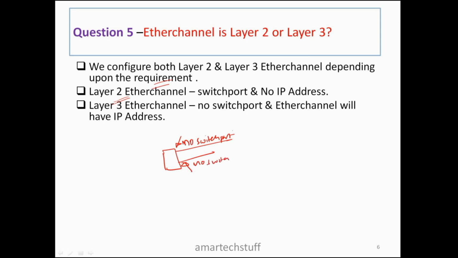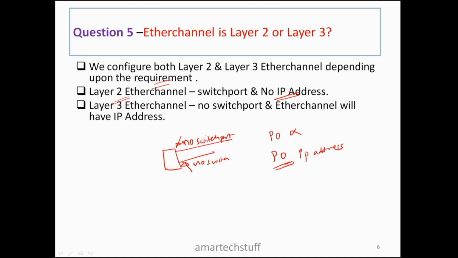And the second point is that for the layer 2 EtherChannel, the layer 2 port channel, we are not going to give any IP address, whereas for layer 3 we have to give an IP address to the port channel or the EtherChannel. So also do remember this point. This is the difference between layer 2 and layer 3 EtherChannel. And yes, we can configure a layer 2 EtherChannel as well as a layer 3 EtherChannel, but it all depends upon the requirement. So you can answer in this way in your interviews.